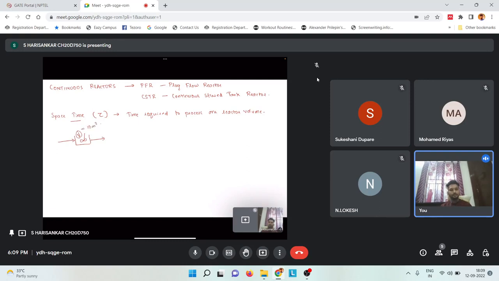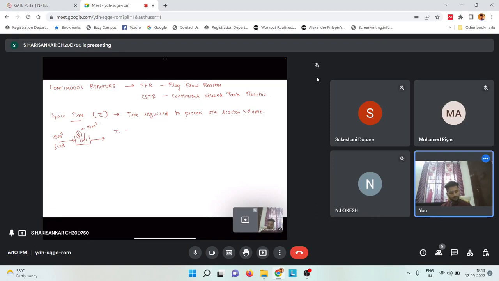So what is the time required for the reactor to process 10 meter cube of feed? The time required for processing one reactor volume. So this reactor volume is 10 meter cube. How much time is required by this reactor to process 10 meter cube of feed? This is what is known as tau, space time.